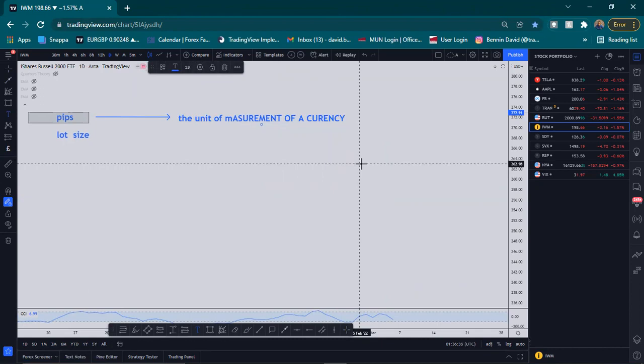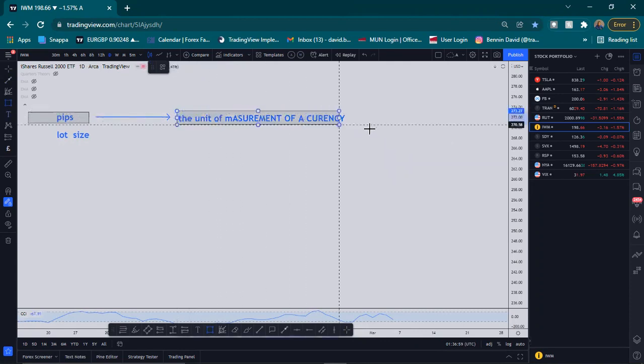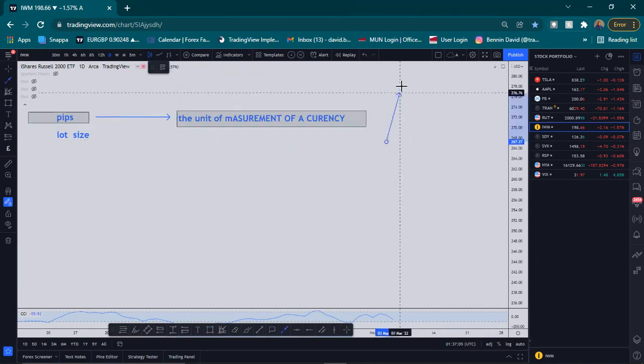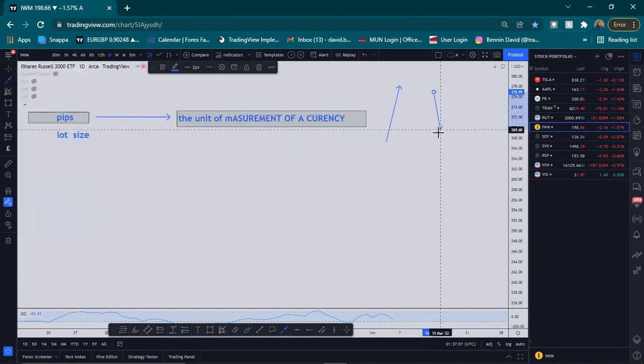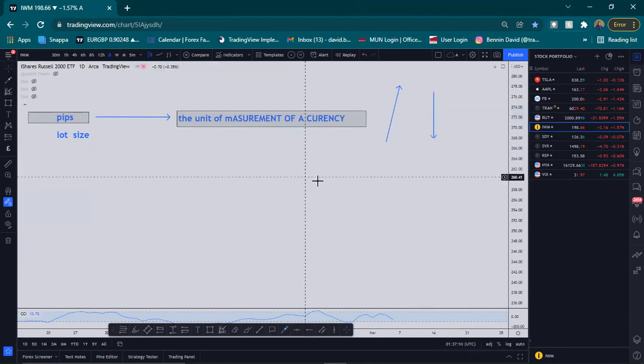For instance, if we are measuring the speed of a car, we measure it in kilometers per hour. If we want to measure distance, we can measure it in millimeters, centimeters, meters, kilometers, miles, in so many different ways. So pips is a term for how we measure currency. Let's say a currency moves up or a currency moves down. Pips will help us calculate how much down or up it has moved.